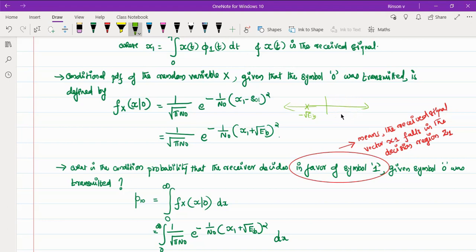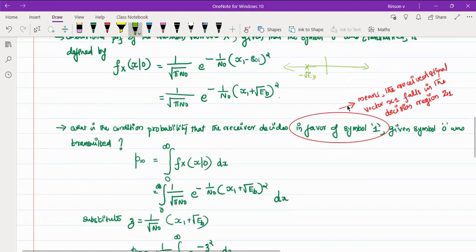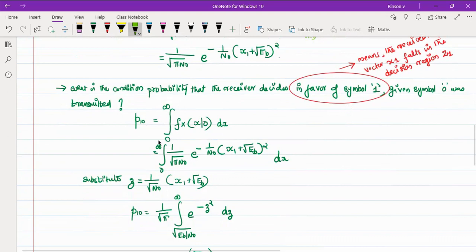That will be the probability of erroneous decisions. So this is the PDF. If you integrate that PDF in this region, that will give you the probability that the received signal point is in this region. So I integrate the conditional PDF in region Z1.